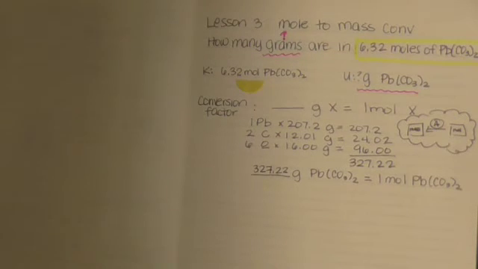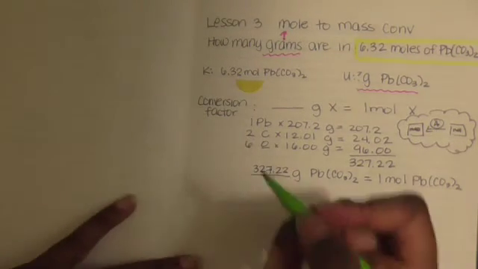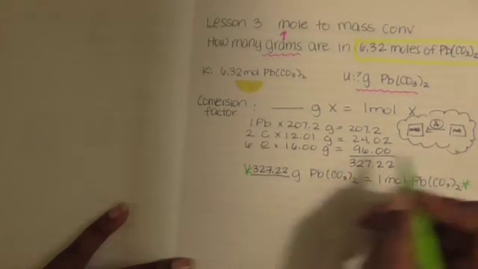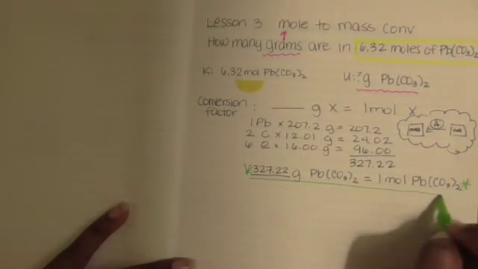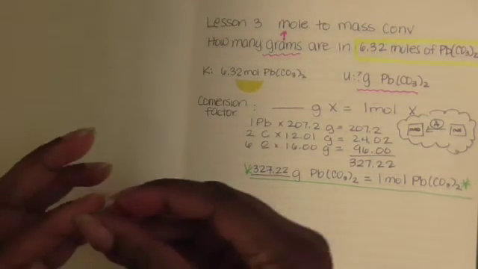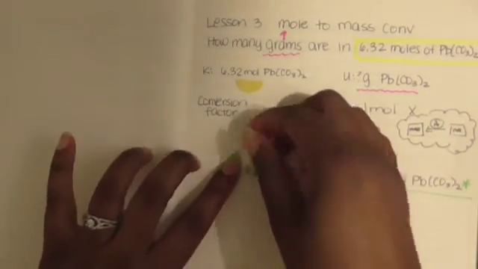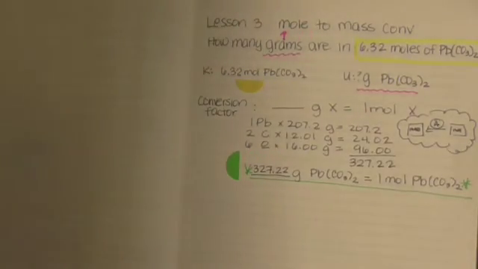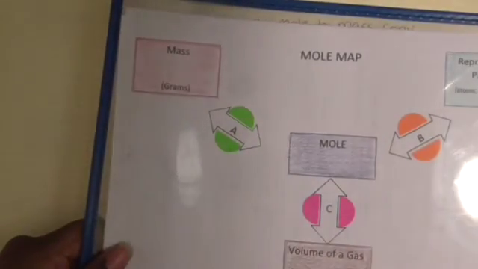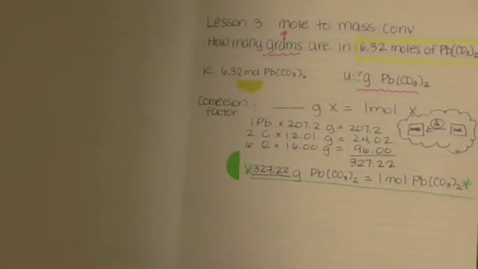That's your conversion factor. Just to make sure that we know this is our conversion factor, I'm going to take the same green sticker that we used earlier on the mole map here, just to make it clear, and it'll make sense why we're doing that in just a couple minutes.